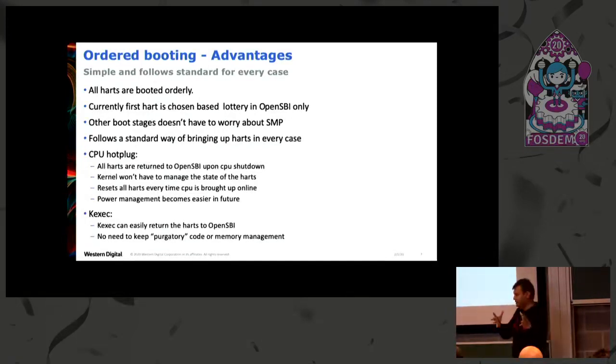The firmware lets one hart go and keeps all the other harts. Whenever you need to start or stop, they return to the firmware, and then you can start and stop using some calls which I'll be explaining later.